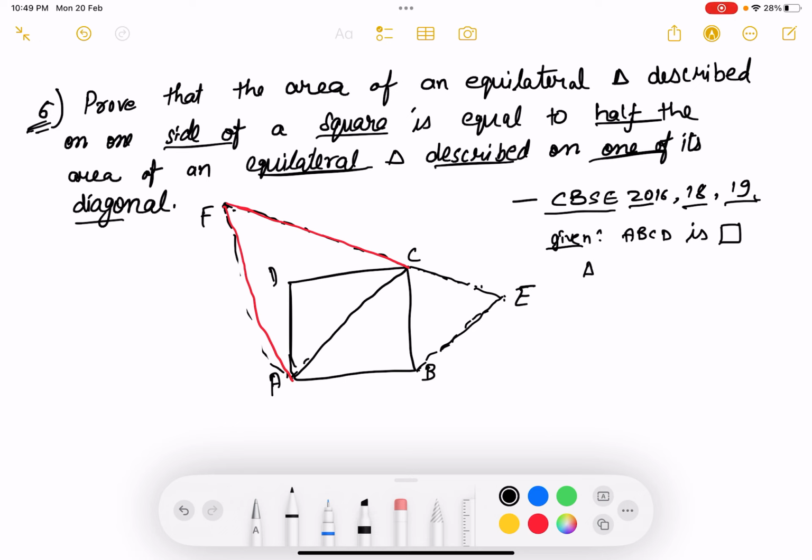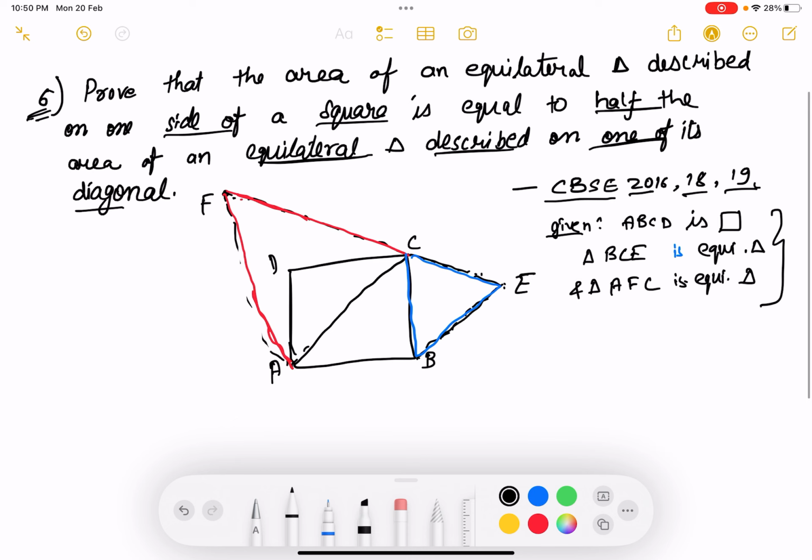Triangle BCE, which means this triangle, is equilateral, and also triangle AFC, this triangle, the red one, is also an equilateral triangle. Okay, these three things are given.